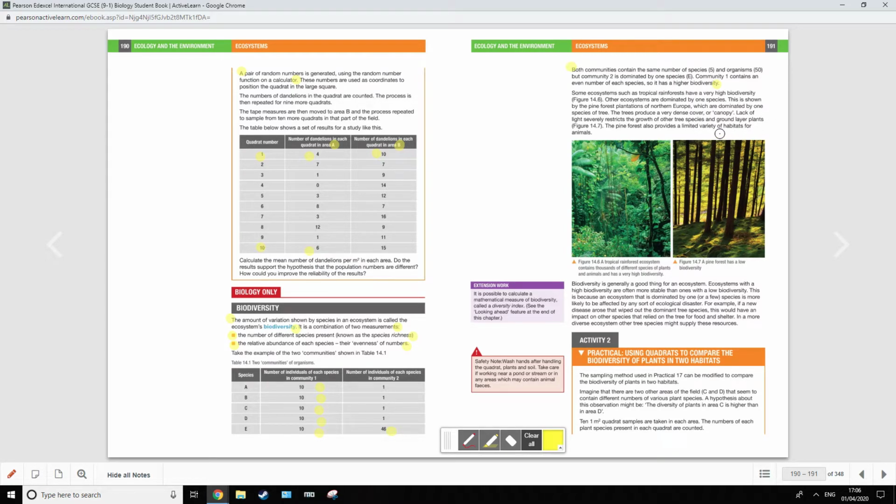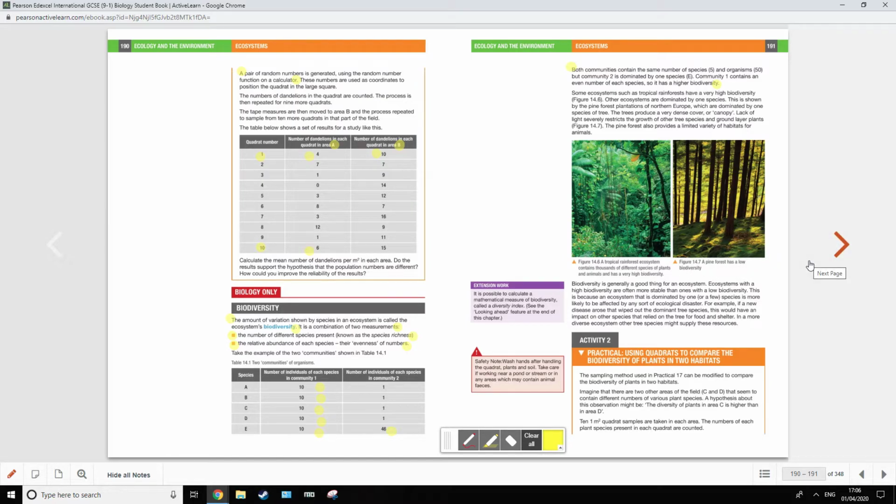The pine forest also provides a very limited variety of habitats for animals. So like I said, if you have a higher biodiversity, it's more valuable in a sense. A tropical rainforest ecosystem contains thousands of different species of plants and animals, and has a very high biodiversity. A pine forest has a low biodiversity.